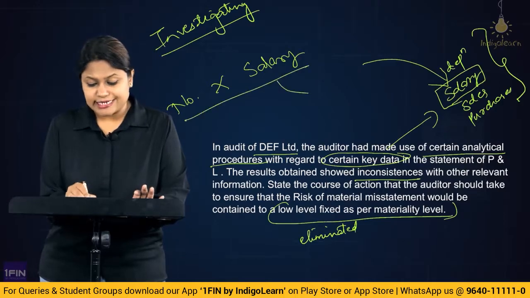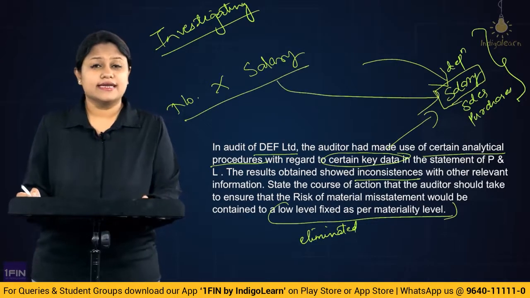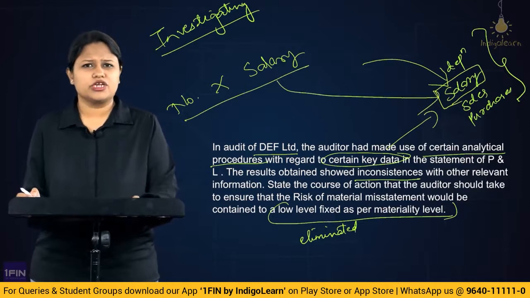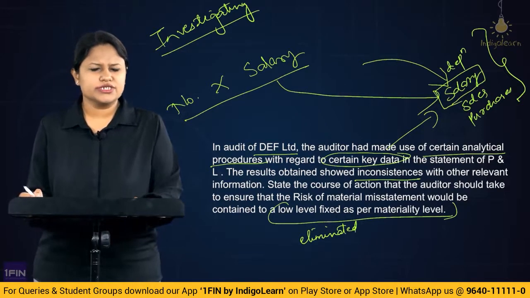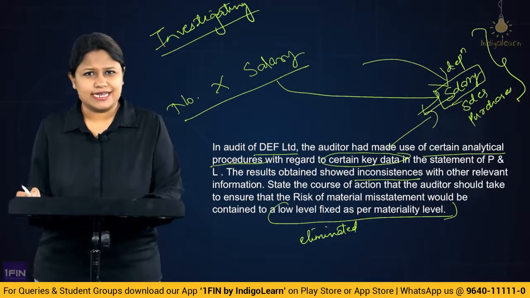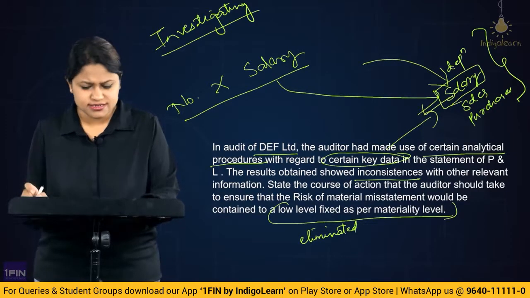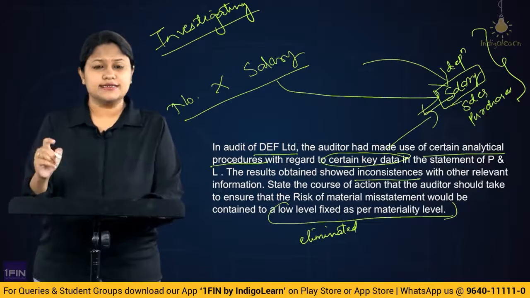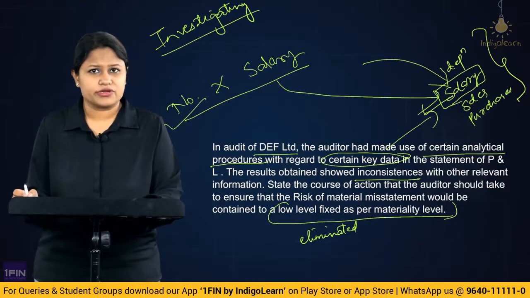This comparison, when I did with the amount of salary, I realized there is something which is not matching. There is something unreasonable. So the evidences that I obtained while checking salary as part of the documentary evidences is now inconsistent with the analytical procedure that I performed.